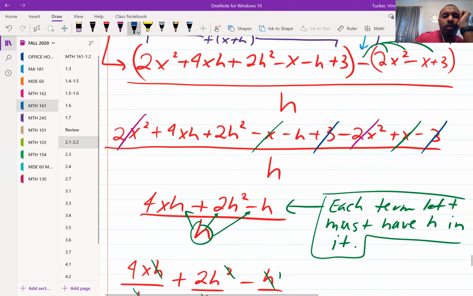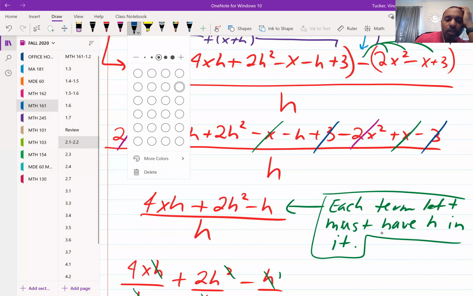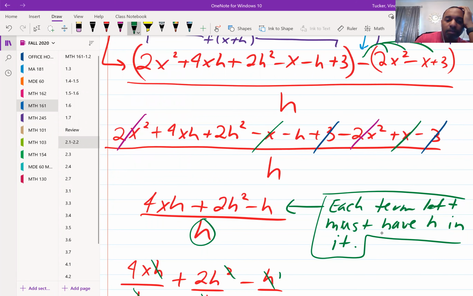And notice what I said next is that each term left must have h in it. So each term we have 4xh plus 2h squared minus h. All right, so if that didn't happen, somewhere we went wrong in our calculation. This h is then going to be able to divide into each term.